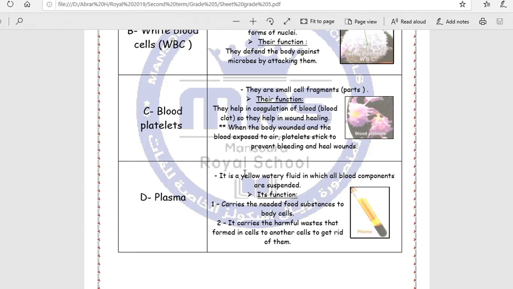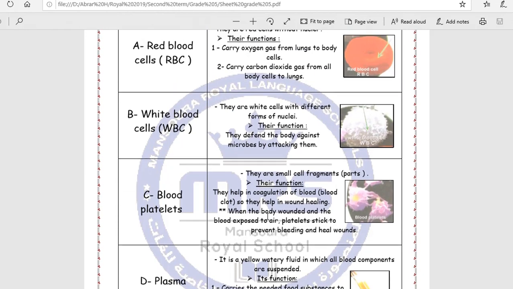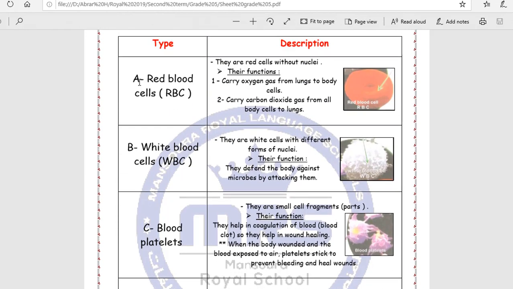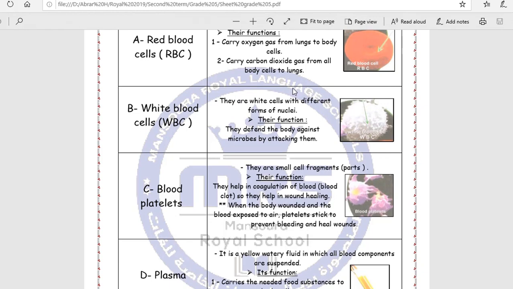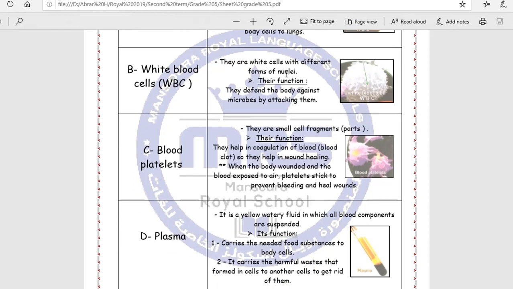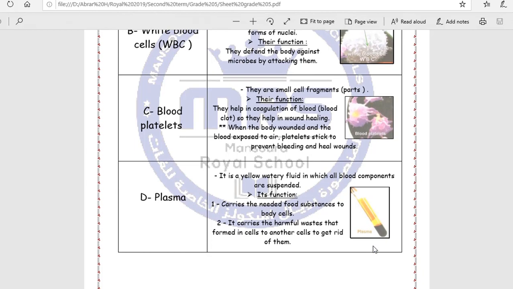So here, the transportation function is for the red blood cells and the plasma, as the red blood cells carry oxygen gas from the lungs to the body cells and carry carbon dioxide gas from all the body cells to the lungs. What about the plasma? The plasma carries the needed food to the body cells and carries the harmful waste formed inside the cells to other cells to get rid of them.